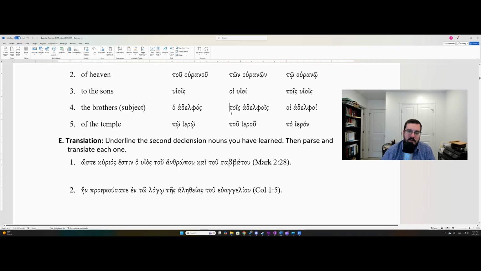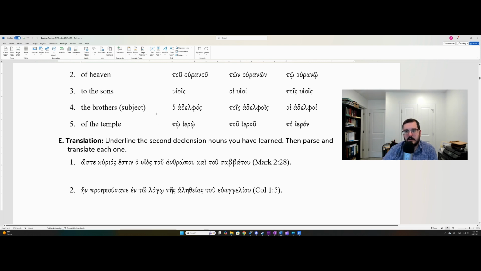Tois adelphois. 2 or 4 the brothers. We know it's plural, like this is supposed to be, and it is definite, but it's not right. It's in the dative case, right? So that leaves us with only one option, hoi adelphoi. Sure enough, we've got our nominative plural, the brothers in the subject form, right? Now we know tous adelphous could also be the brothers, but it would be the direct object, and it would not be the subject.